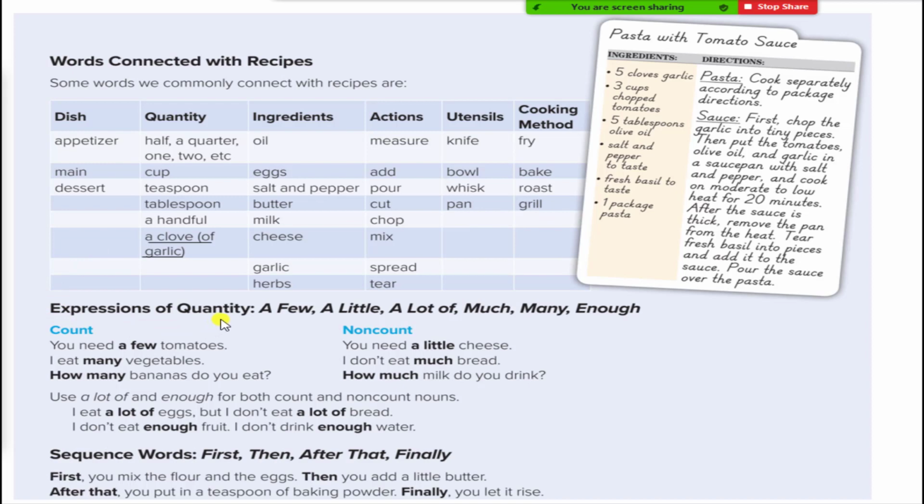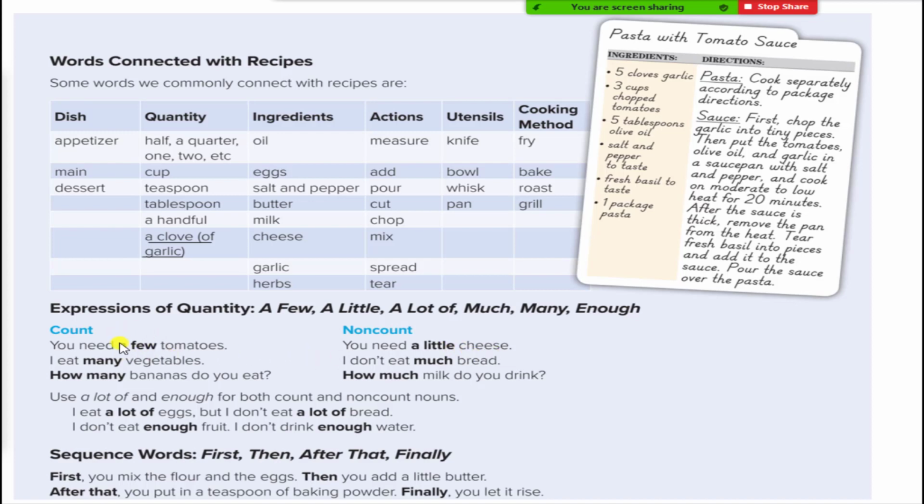Expressions of quantities, we use a few, a little, a lot of, much, many, enough. Clove of garlic. These words are important. This is the clove of garlic. With the count nouns, you need a few tomatoes. This is count. Non-count, you need a little cheese.